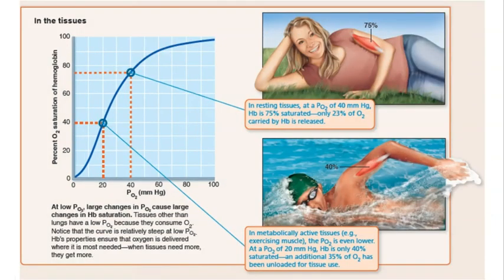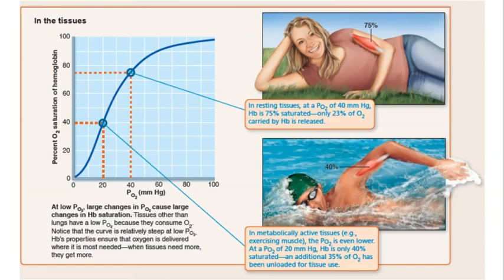Meanwhile, the left side of the curve tells us something completely different. At low partial pressure of oxygen, large changes in local PO2, that is local partial pressures of oxygen, cause large changes in hemoglobin saturation. So when local partial pressures of oxygen are low, hemoglobin more easily releases the oxygen that it is carrying.